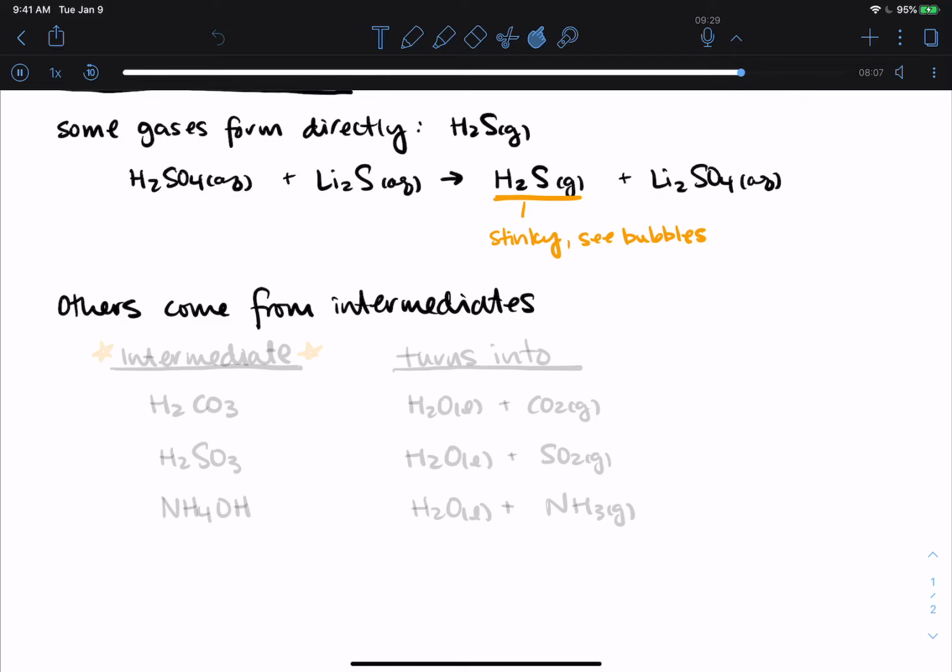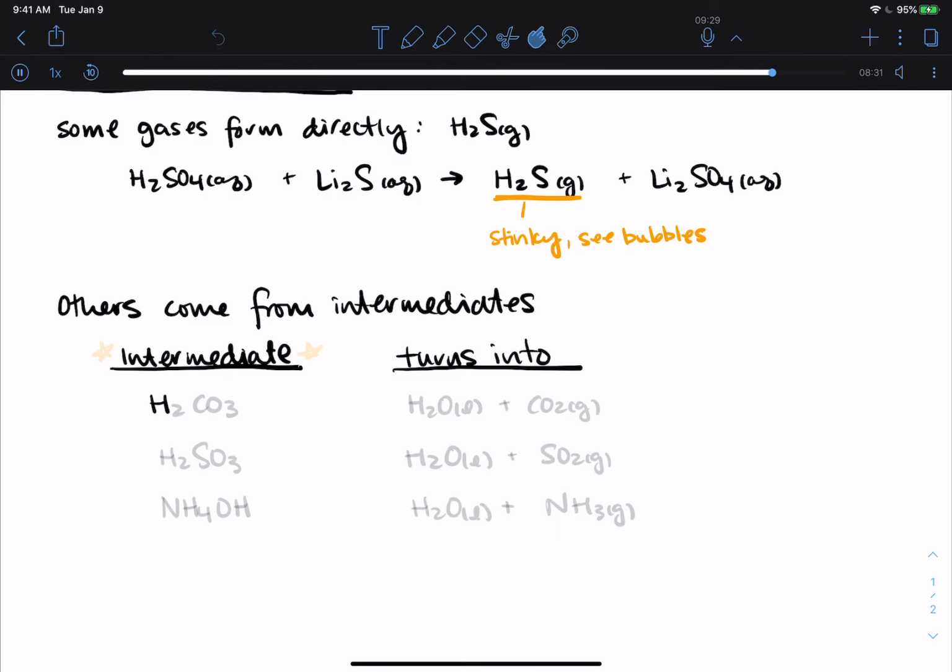And you will see these in the practice problems or on the problem set for this module. So when you swap partners, I'm going to give you a table. If you form this intermediate, you need to turn it into the corresponding thing in the right-hand column.